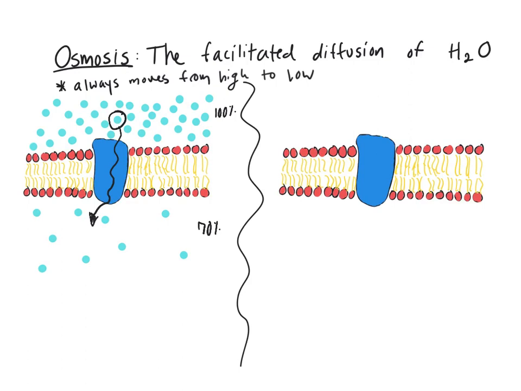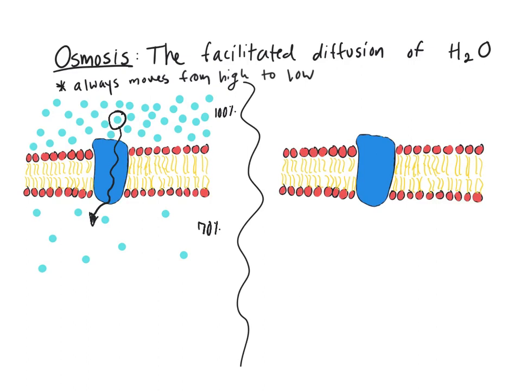It doesn't matter if the cell wants more water or not, it's going to happen. So a lot of times in these extreme situations, this can actually cause the cell to explode because it fills up with water so much that it actually breaks and bursts the cell membrane, kind of like a water balloon that has been filled up with too much water.